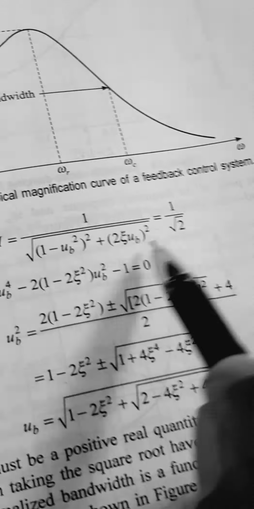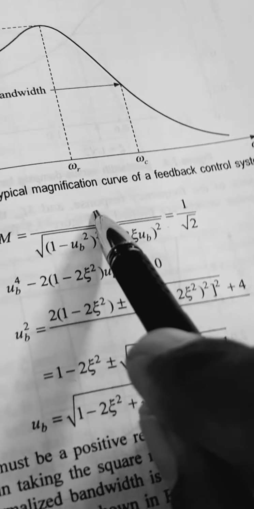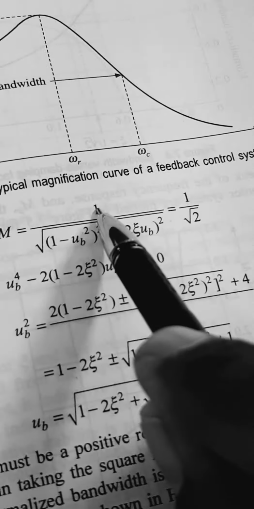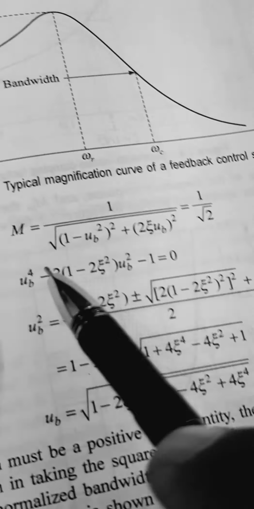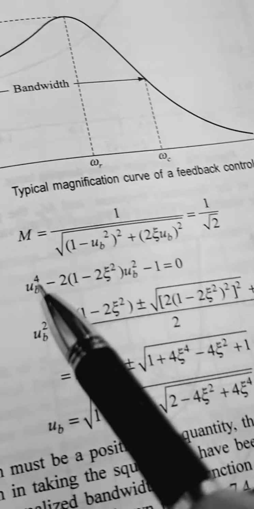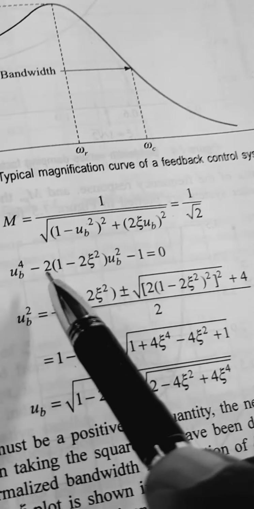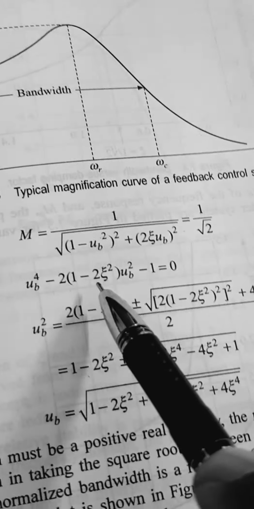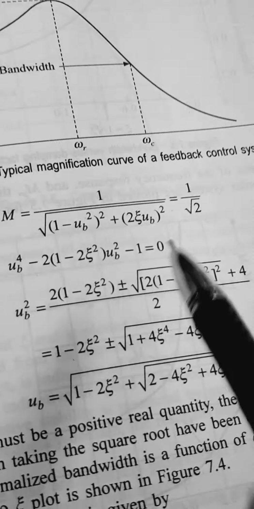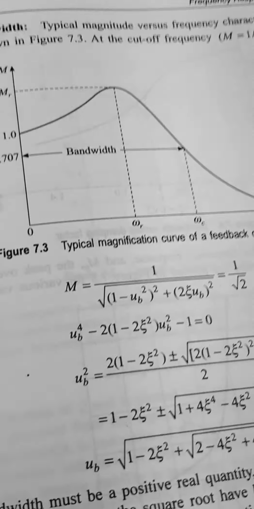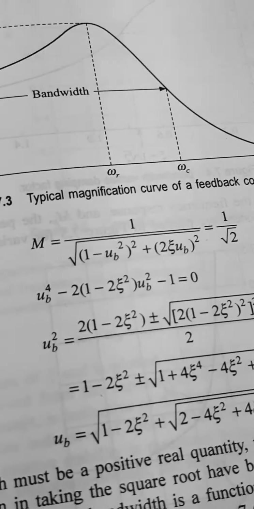is equal to 1 by root 2. Then you are cross multiplying, taking the square, and rearranging it. You are getting ub raised to 4 minus 2 into (1 minus 2 psi square) ub square minus 1 is equal to 0. It is similar to a quadratic equation.